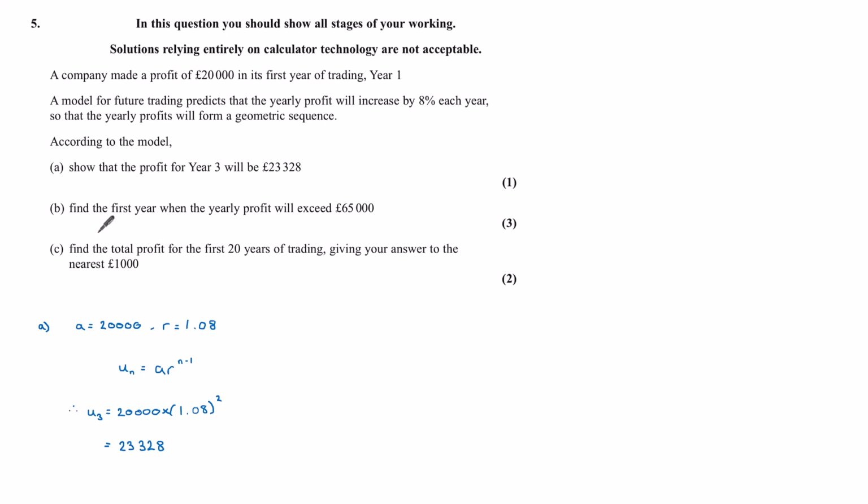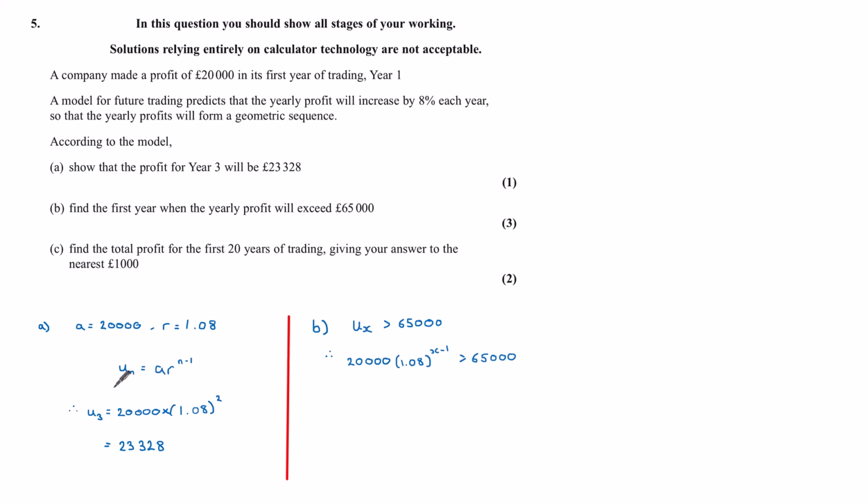Part b, find the first year when the yearly profit will exceed £65,000. So I'm looking for some year, I'm going to call x, where the value of this profit exceeds 65,000.